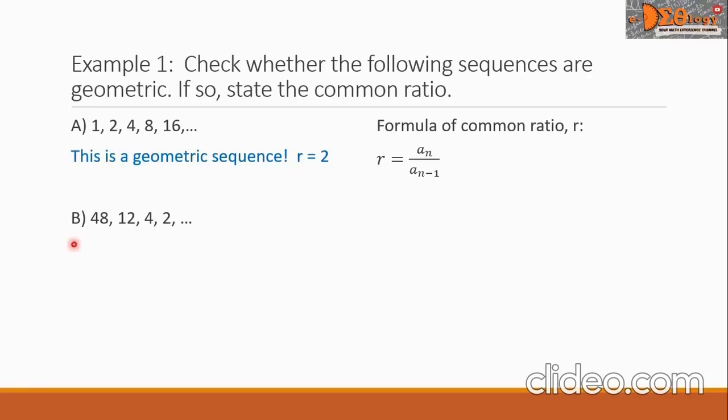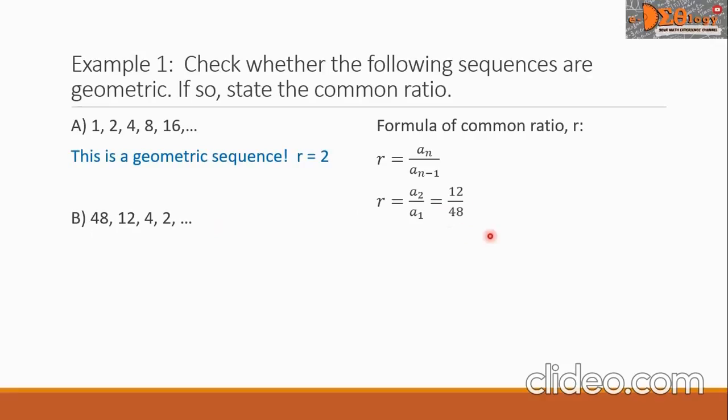Let us have example B. The first term is 48, second term is 12, third term is 4, fourth term is 2. Let us take the first pair, R equals a sub 2 over a sub 1. That is 12 over 48.